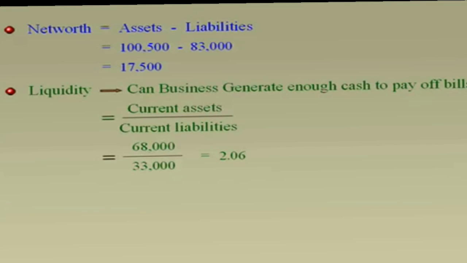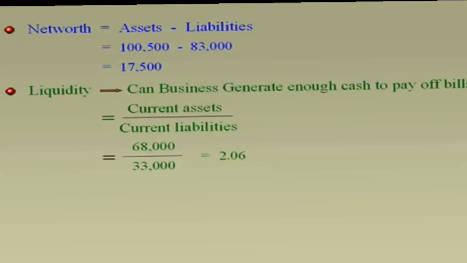Over 2 is good. The Double Surprise Travel Agency is marginal. Remember, 2 is the cutoff, and they're just at the cutoff point. So the conclusion is they can just generate enough cash to pay off bills.